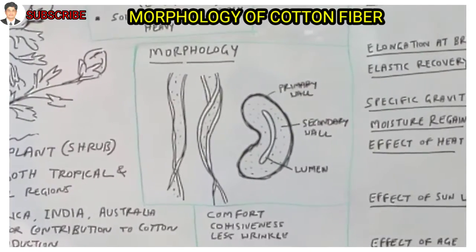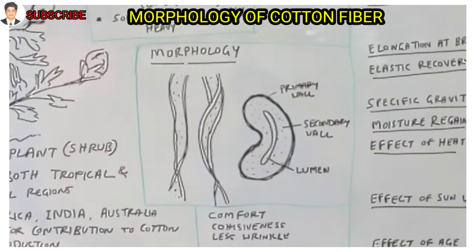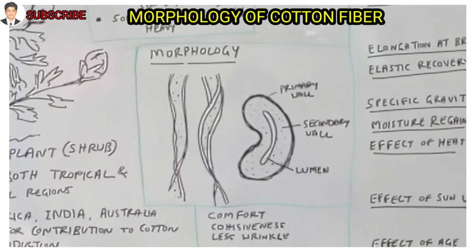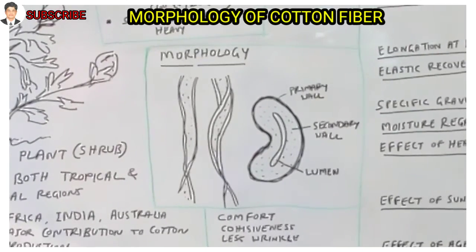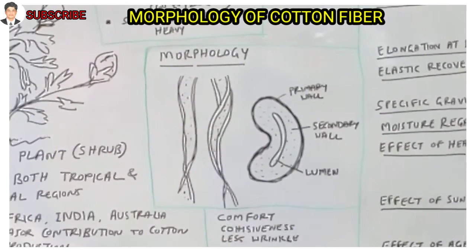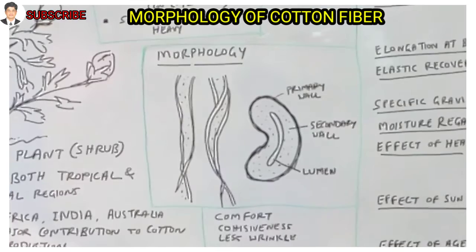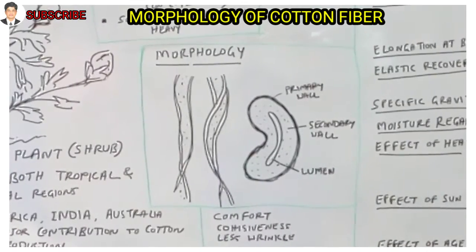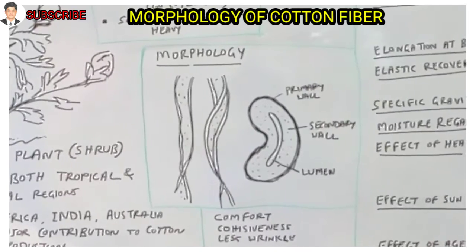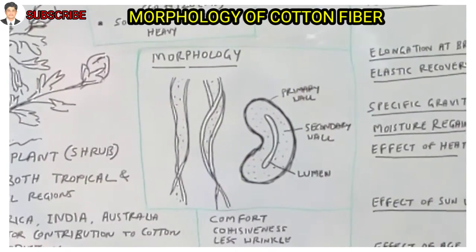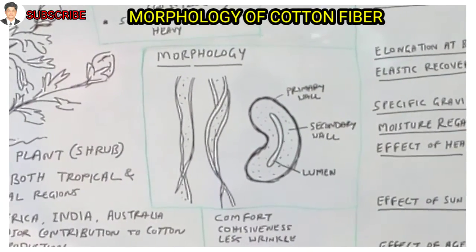These number of polymer chains together form some bindings inside the fiber. Those bindings form different areas, that is amorphous regions and crystalline regions.